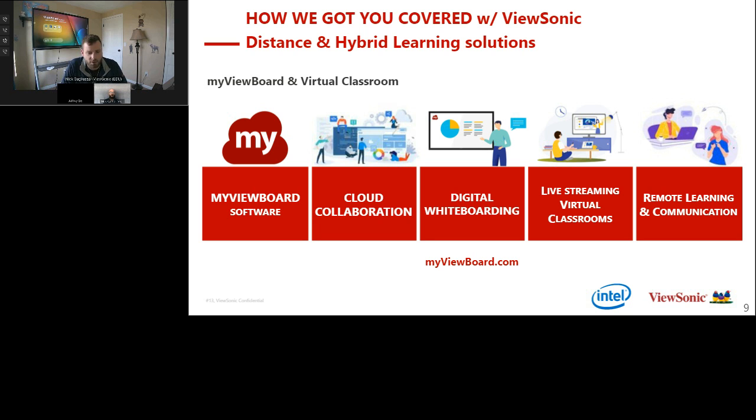So it really depends on where you're at and what the local government is telling the schools to do or recommending for them to do. But for the most part, we have tools that can help in both situations. And the one really nice thing with ViewSonic is if you choose to partner with us, those solutions don't cost you any extra with the hardware.